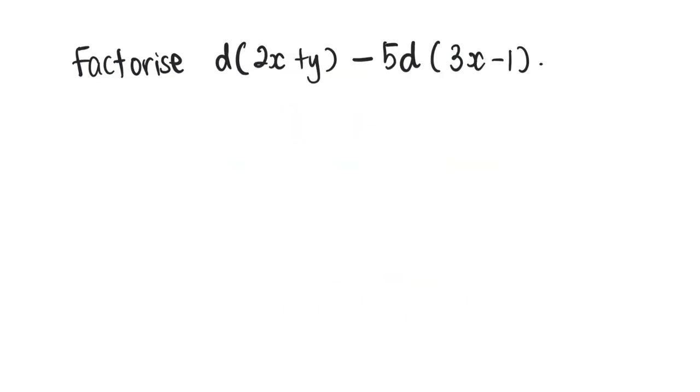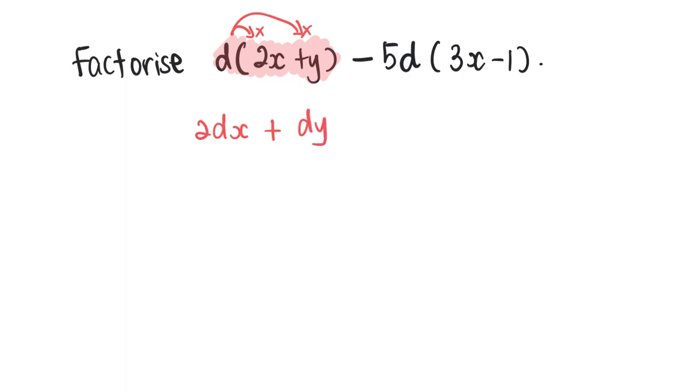Hello everyone, welcome to this part of the video where we are required to factorize the following. Alright, there are probably other ways of doing things, but Mr. Tan here would like to first expand and simplify first. So for this part here, you will see me writing this as 2dx plus dy.